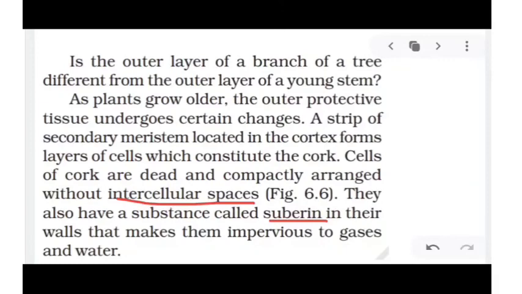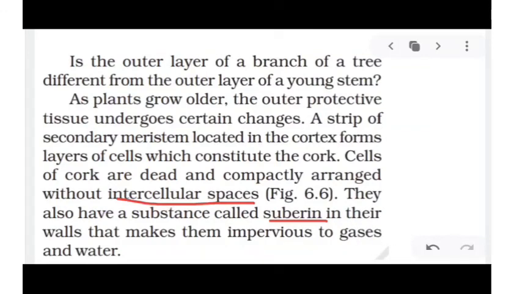So they also have a substance called suberin. अब वो कहाँ कन्वर्ट हो जाता है? They also have the substance called suberin में उसको बोलेंगे. That compact part of the cork material, and their walls are made impervious to gases and water.